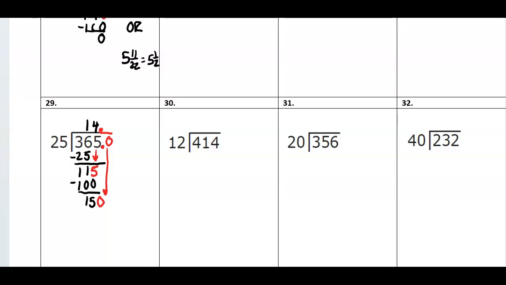Well, 25 times 4 is 100, 25 times 5 is 125, times 6, right? That's 150. There's nothing left over. Or you could say there was 14 and there's 15 left over. 15 over 25, which if you simplify by dividing by 5, you get 14 and 3 over 5. Okay, either one works.